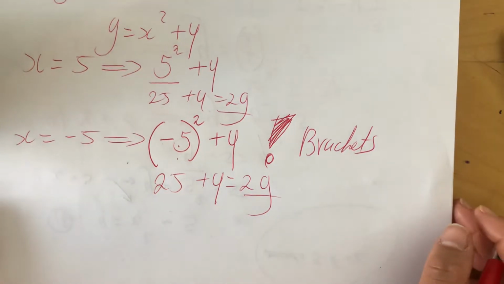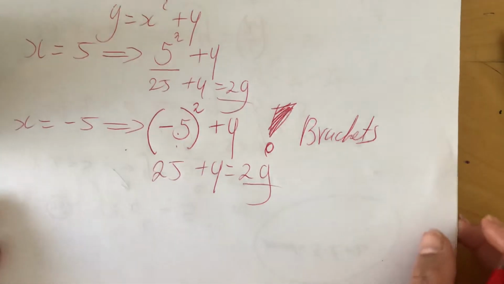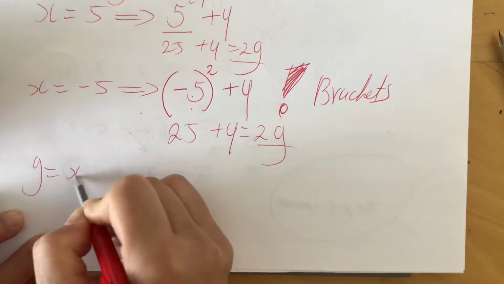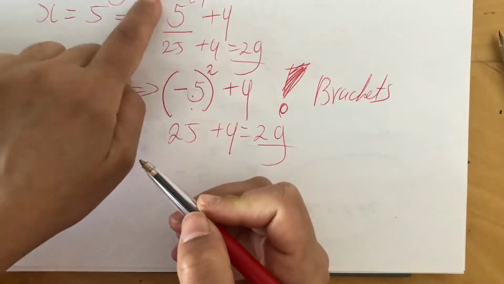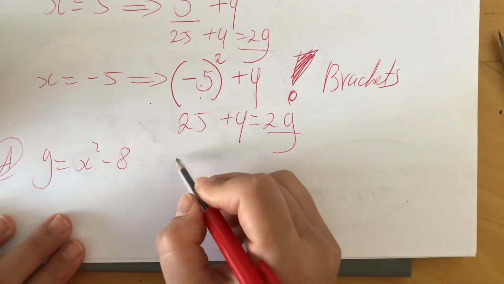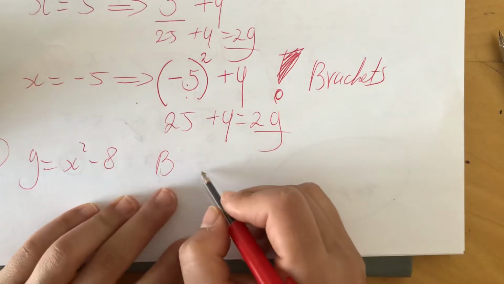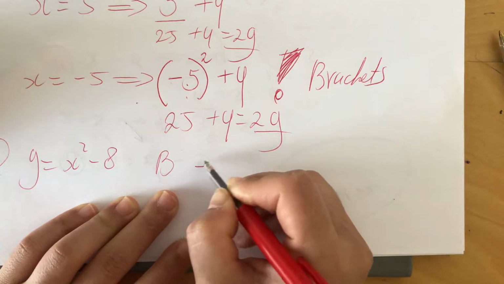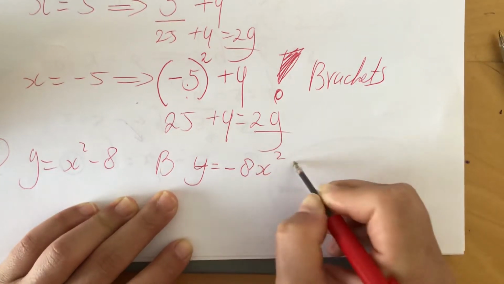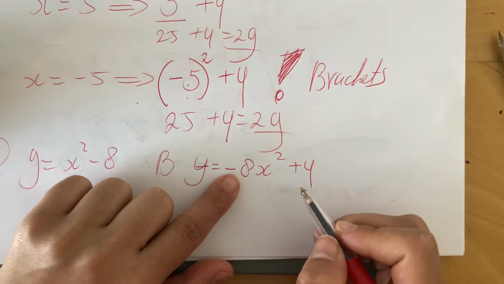Yeah? Okay, so there are different types of formulas. You have this one, y equals x squared minus 8. That looks a little bit like that one. So for formula form A, you got a formula like this one, let me just write it neat, y equals minus 8 times x squared plus 4, then there's a number in the front.